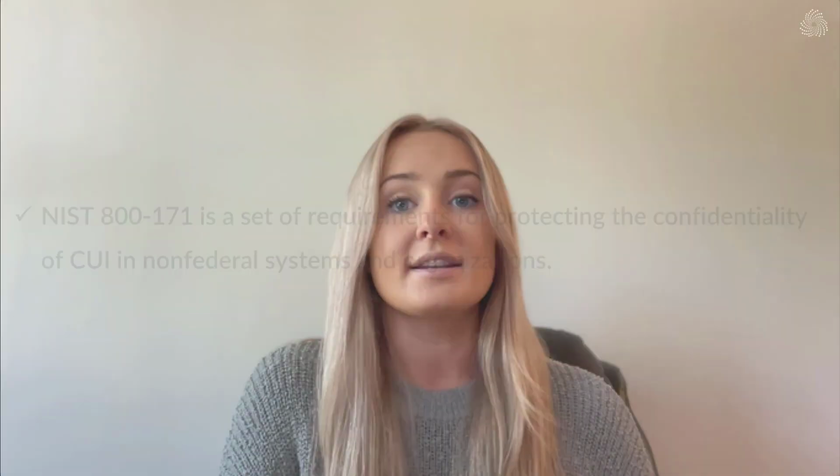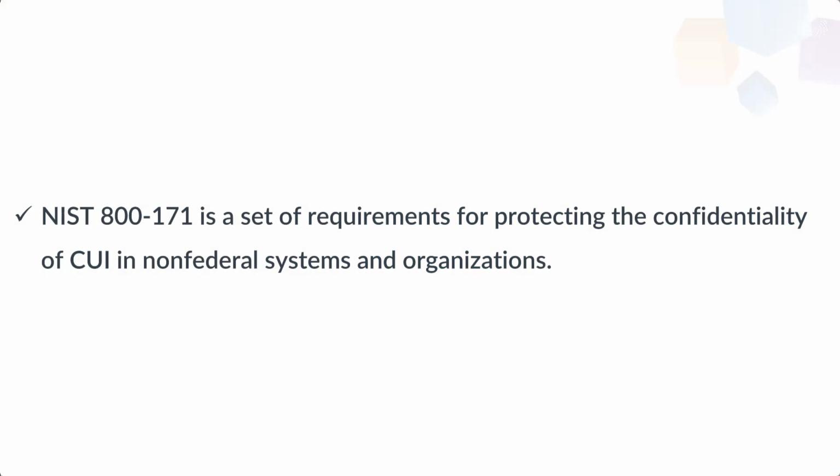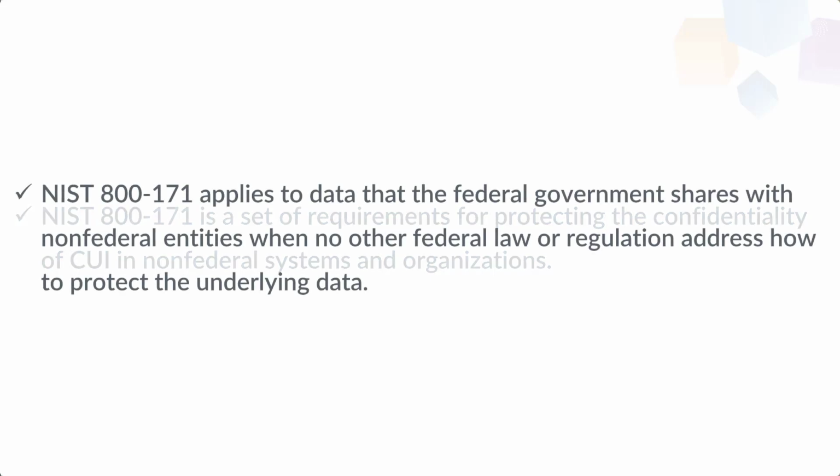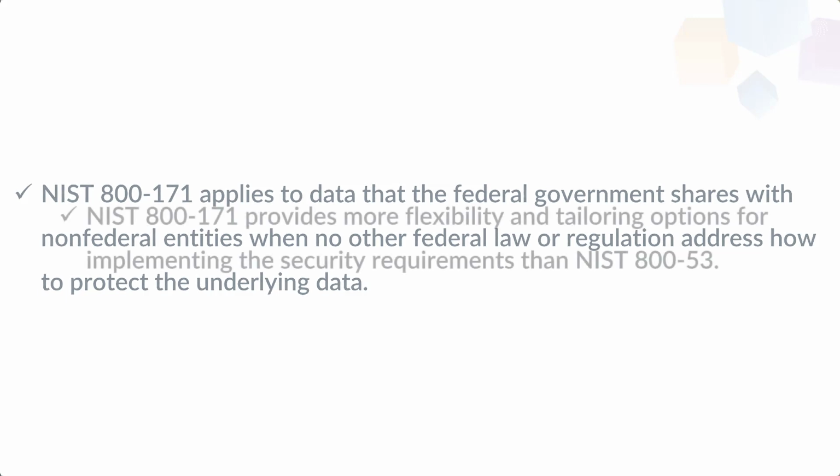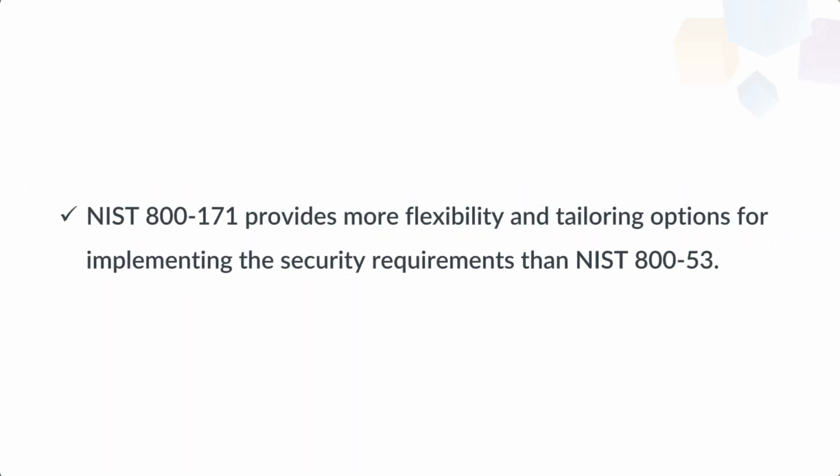So to summarize, NIST 800-171 is a set of security requirements for protecting the confidentiality of CUI in non-federal systems and organizations. It applies to data that the federal government shares with non-federal entities when no other federal law or regulation addresses how to protect that underlying data. NIST 800-171 provides more flexibility and tailoring options for implementing the security requirements than NIST 800-53 does.